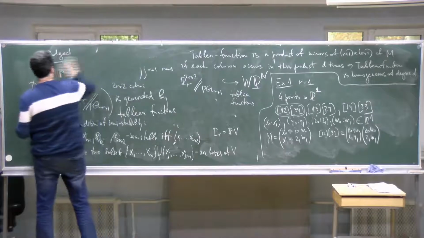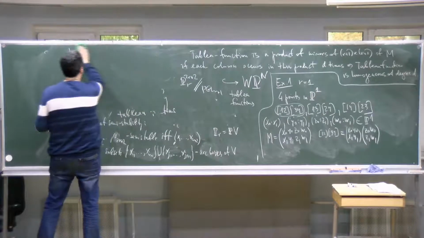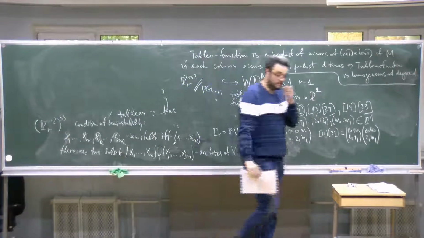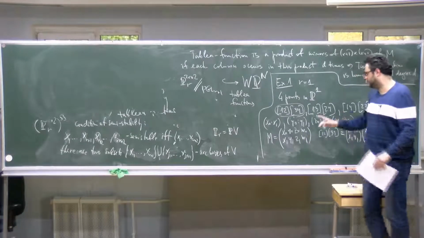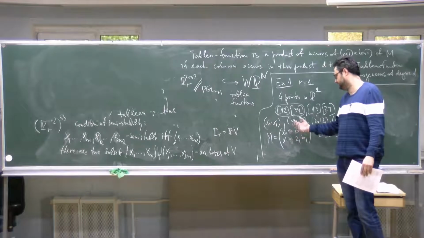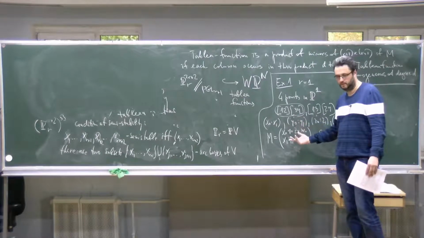Sorry, just one question. It seems that tableau functions give you some subset of Plücker coordinates. Yes, in this case, yes. And does it give enough? Sorry, but these elements are not numbers. This is a coordinate in P^1.